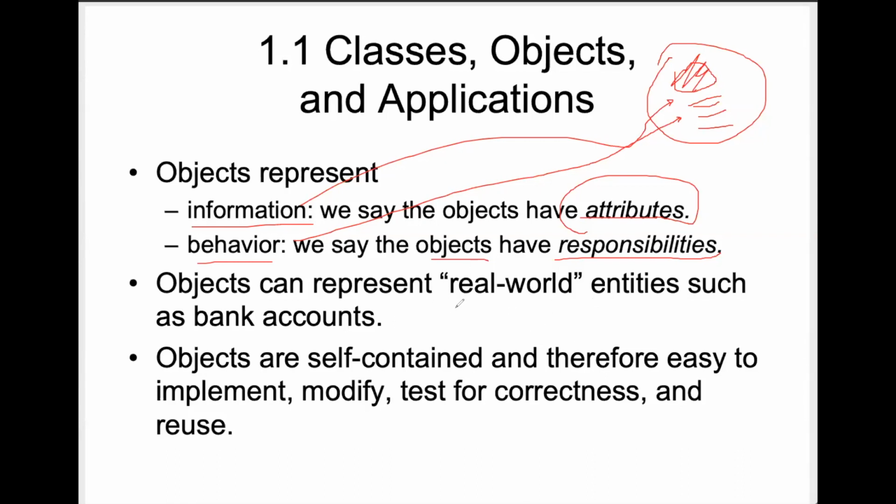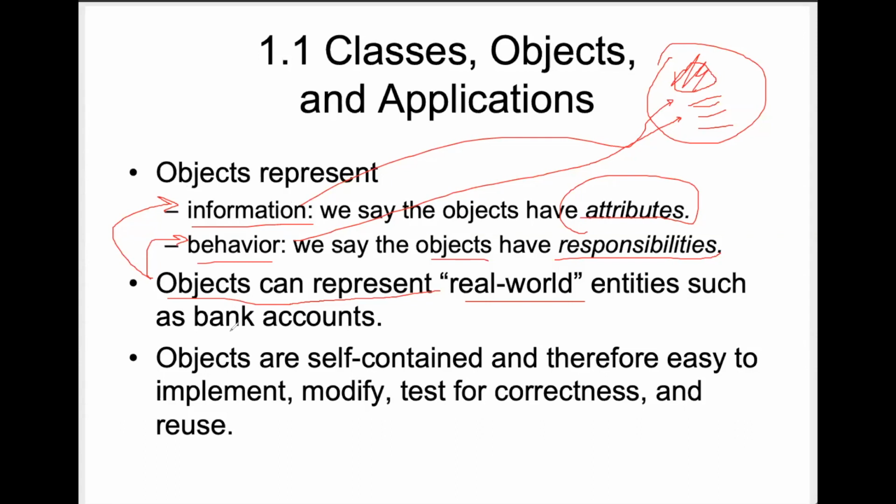That is how objects are typically used. We want to make sure that these real world representations make sense, and therein lies the proper use of information and behavior. So that's what objects do in real time.